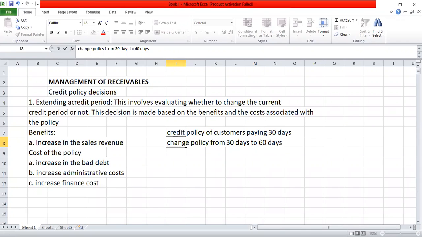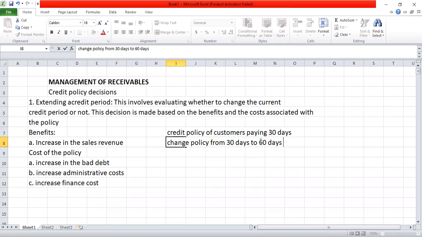You also expect to incur high cost to administer the sales ledger, and you will need more money to finance the receivables. So you compare the benefits and the costs, and then come up with a decision whether or not to change the policy.